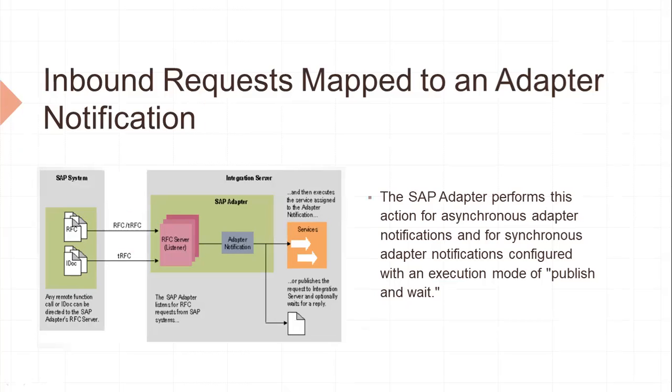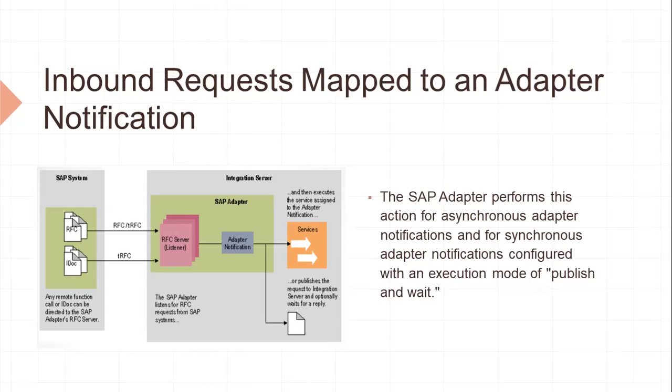So how are the inbound requests mapped to an adapter service? The SAP adapter performs this action for asynchronous notifications and for synchronous notifications also. In this case, SAP is trying to send data to the webMethods server. The SAP adapter listens for the RFC requests from the SAP systems.